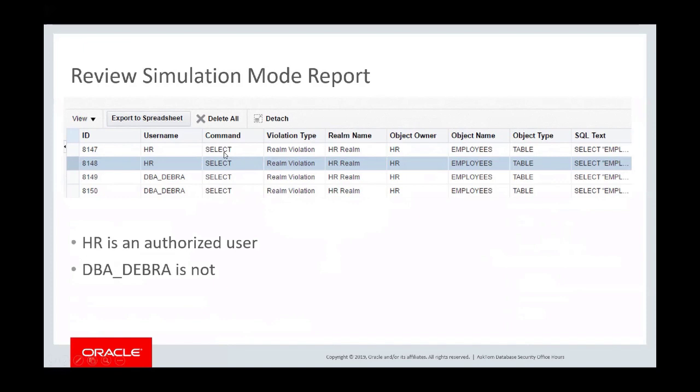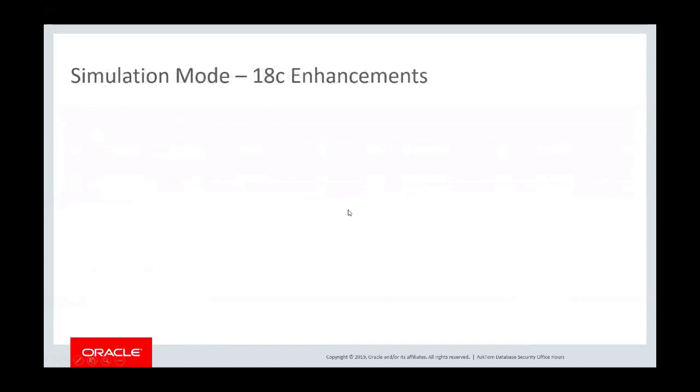It organizes a nice, easy way to see who the user was that executed the command, what kind of command it was, whether it was a realm violation or command violation, what the realm name was that the violation occurred with, who owns it, and actually the SQL text, so you can better understand what was run against that.